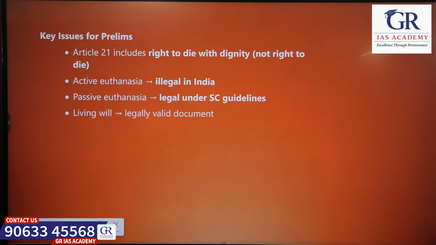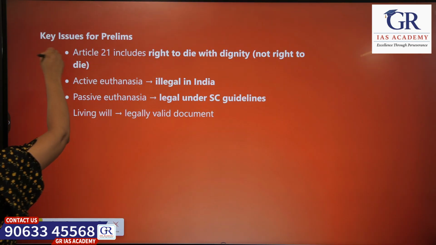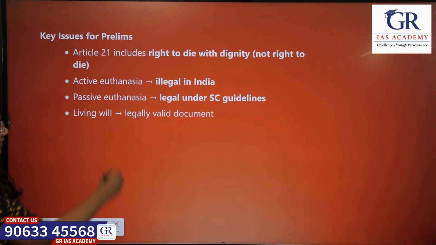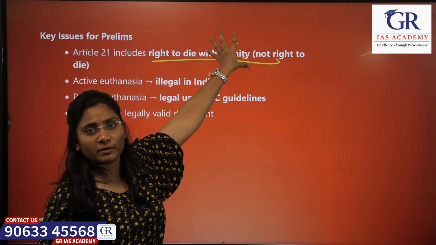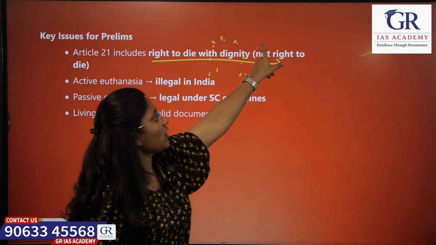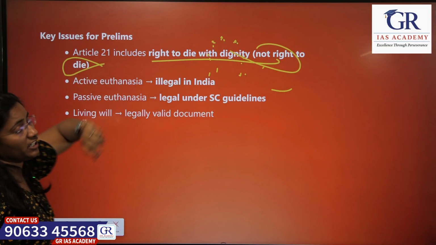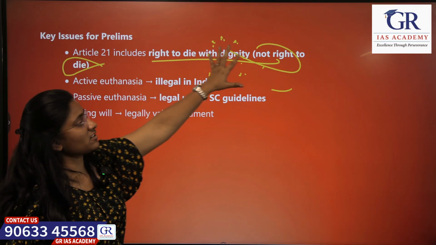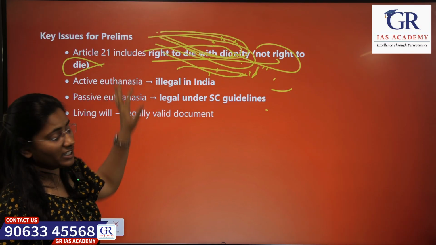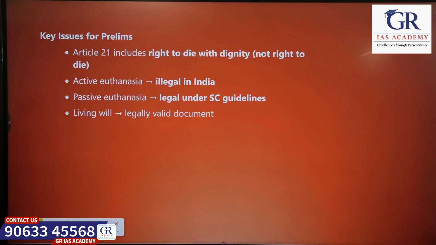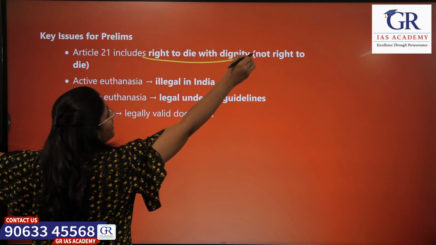So what do you have to remember here for the exam? Article 21. Article 21 includes right to die with dignity. Okay, right to die with dignity. You have to remember specifically this, but not right to die. Not just right to die, but right to die with dignity is the important clause you have to remember, and the important difference.